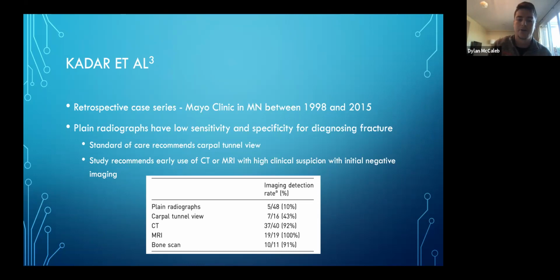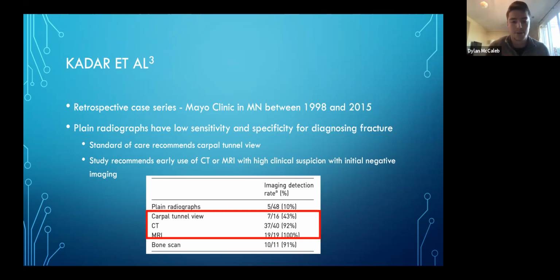The standard of care is an initial carpal tunnel view, but this study, as you can see from the table, had a pretty low rate of detection from carpal tunnel views. So they suggested having a low threshold for going to CT or MRI if there's a high clinical suspicion of a hook of hamate fracture through history and physical exam.